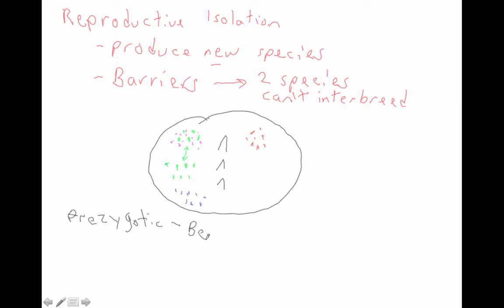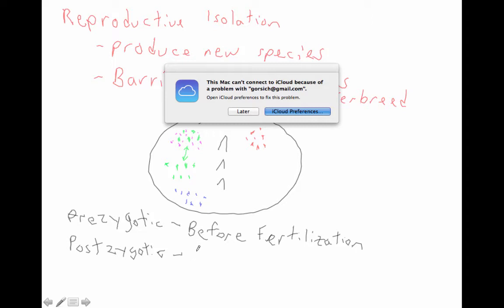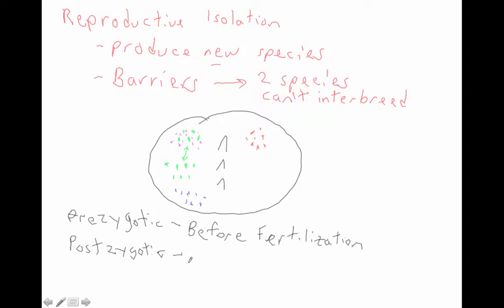So barrier before fertilization. That is before the zygote forms. The next one is called post-zygotic. And this means that the barrier exists after fertilization. And as we'll see, barriers don't necessarily mean a physical barrier. They can be other kinds of barriers.